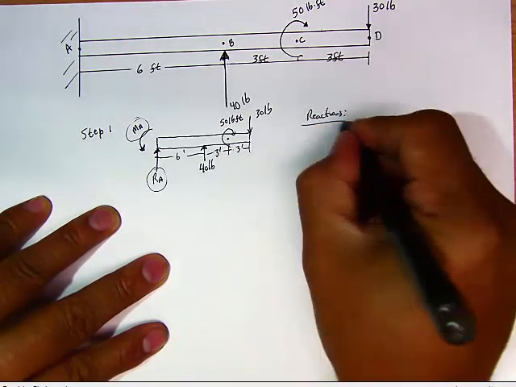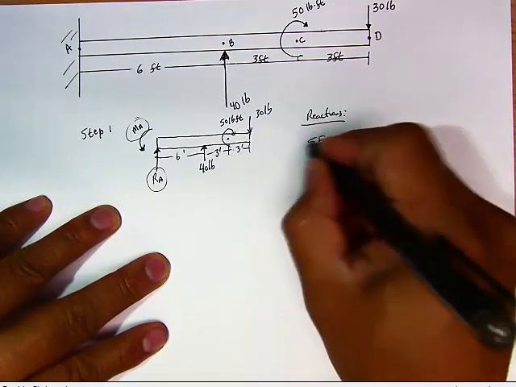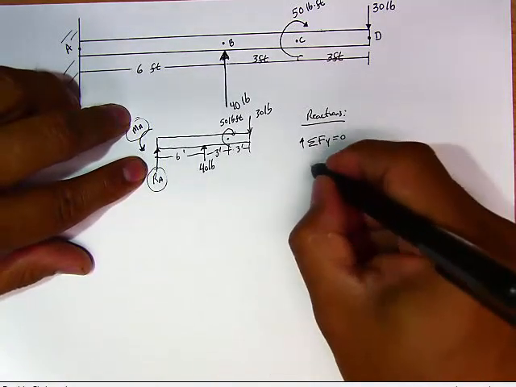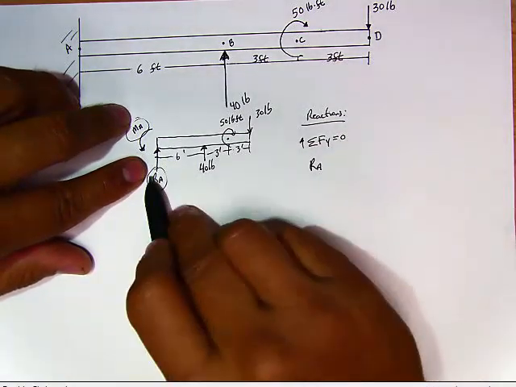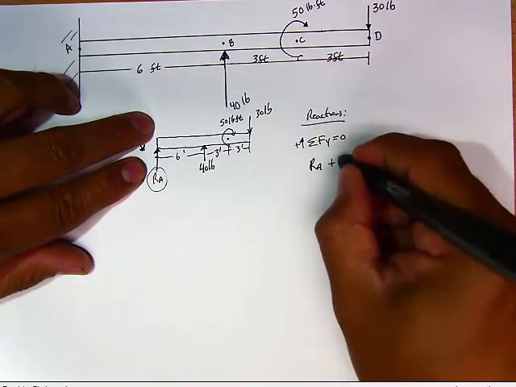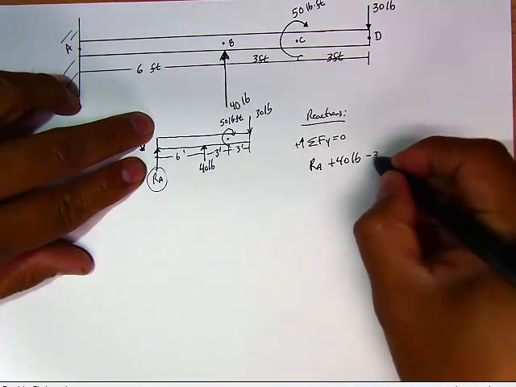These reactions are solved by sum of the forces in the Y must be equal to 0. So let's solve for RA first. This is positive RA, positive 40, negative 30.